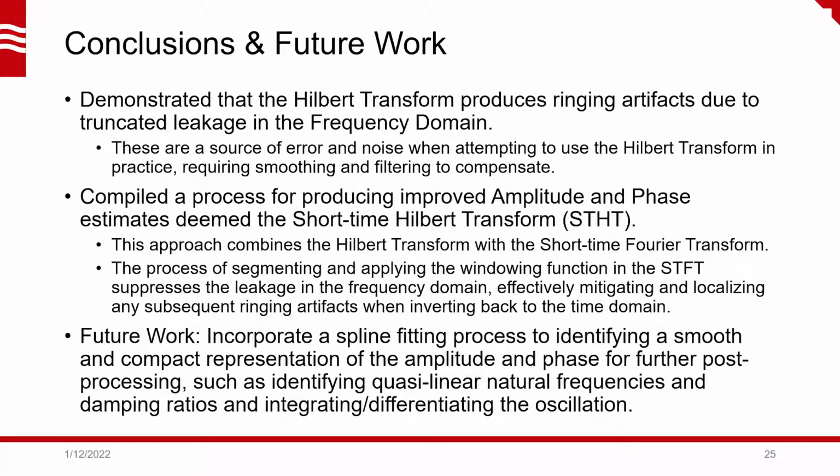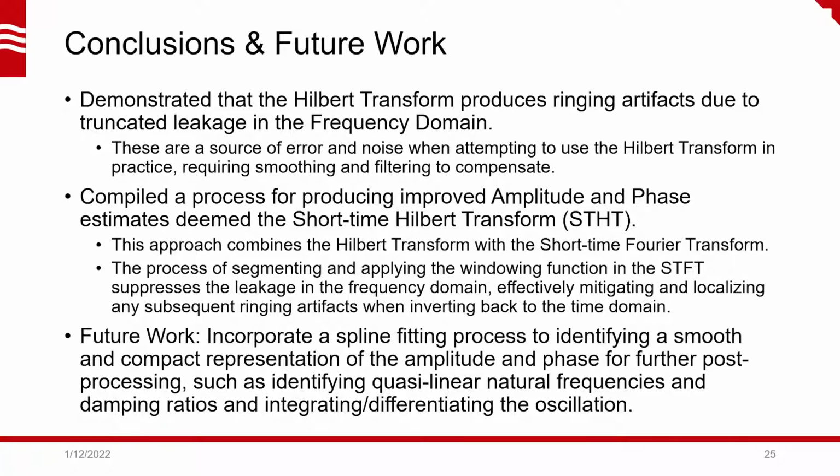In this presentation, I demonstrated that the Hilbert transform produces ringing artifacts due to truncated leakage in the frequency domain. Trying to use the Hilbert transform in practice usually requires user-intensive bandpass filtering and noise smoothing to compensate for the error brought on by these ringing artifacts.